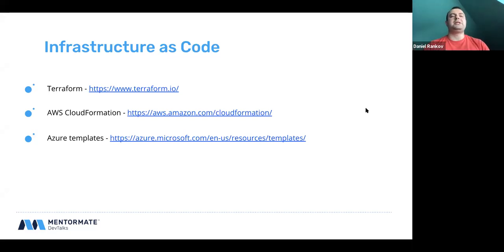Why should we use these instead of the others? Terraform, CloudFormation, and Azure templates are descriptive tools where you say exactly the end state that you'd like to have. So let's say we want to have 2 servers started. If we use Terraform and CloudFormation, we'll say, okay, we would like to have 2 servers started.